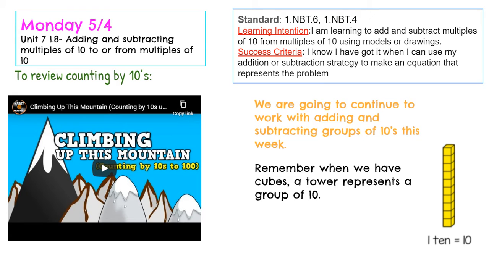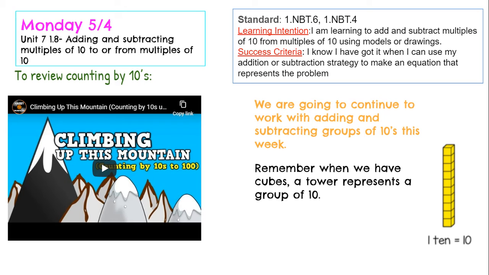Okay, so let's look at our learning target. I am learning to add and subtract multiples of 10 from multiples of 10 using models or drawings. So looking at this learning target, you need to be able to add and subtract multiples of 10s from other multiples of 10s, and don't forget about using models and drawings.